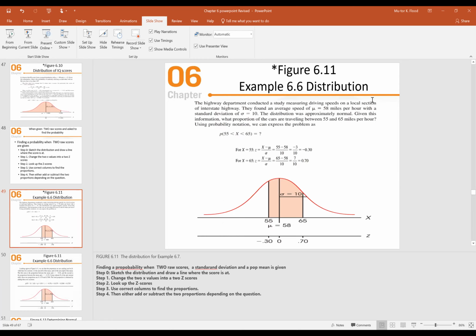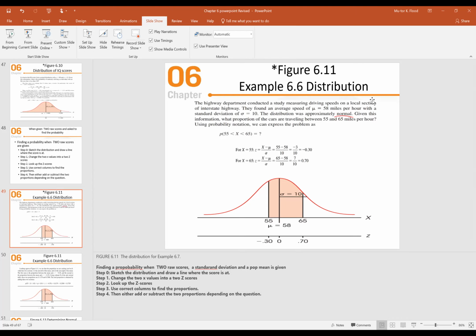All right, so the example: the highway department conducted a study measuring driving speeds on a local section of interstate highway. They found an average speed of 58 miles per hour with a standard deviation of 10. The distribution was approximately normal. That's important. So we're dealing with a normal distribution, because if we're not dealing with a normal distribution, then we cannot use the unit normal table.